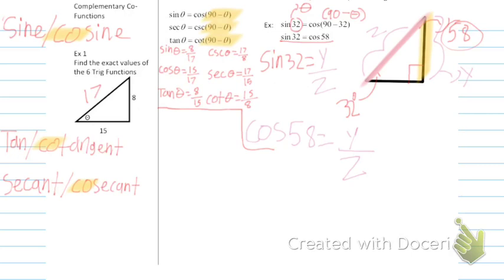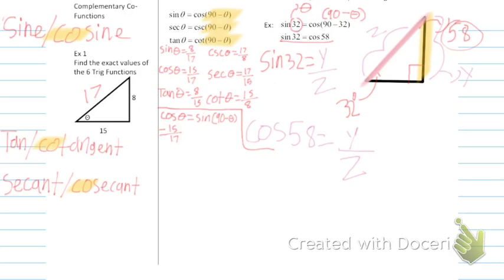To find cosine of theta, you do sine of 90 minus theta, which equals 15 over 17, because cosine of theta equals 15 over 17.